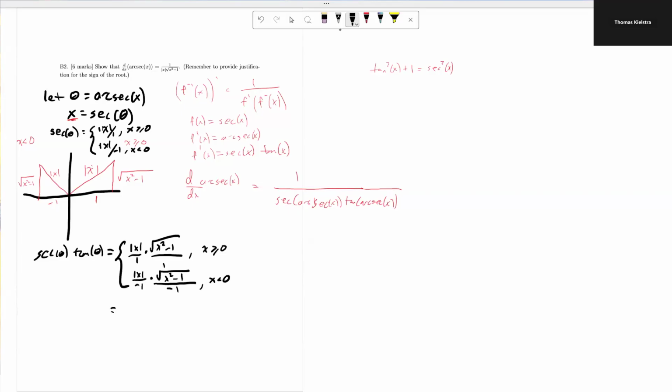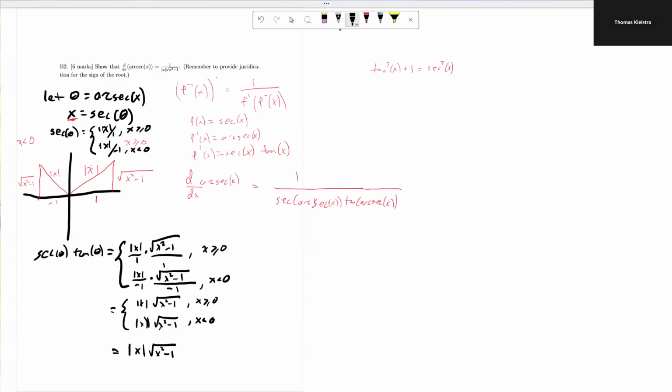This simplifies to absolute x root x squared minus 1 in both cases. And because these are both the same, it just becomes absolute x root x squared minus 1.